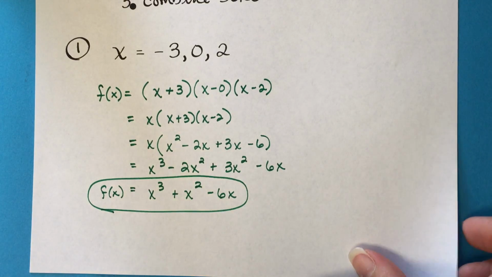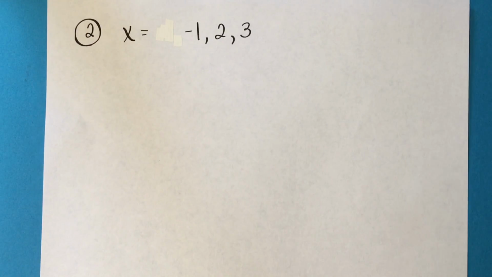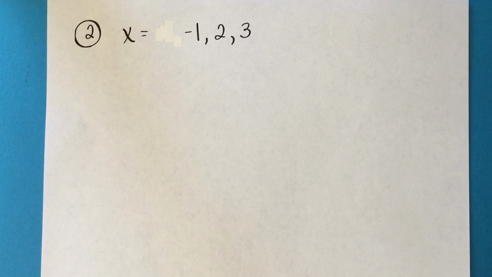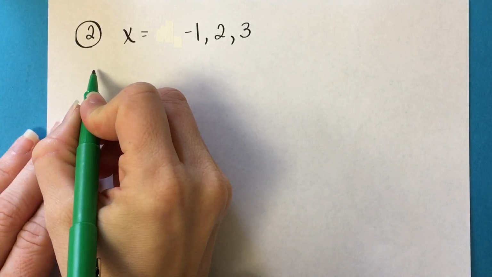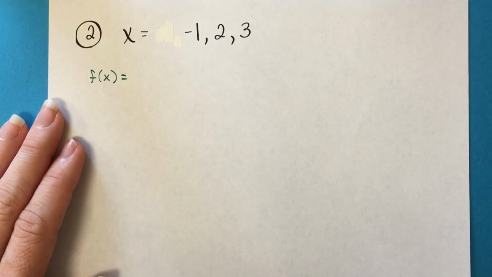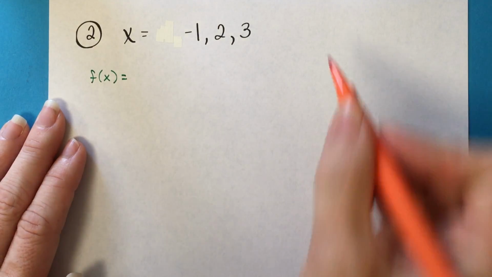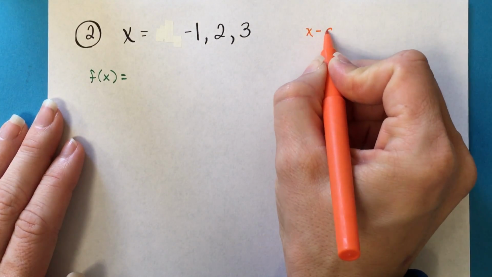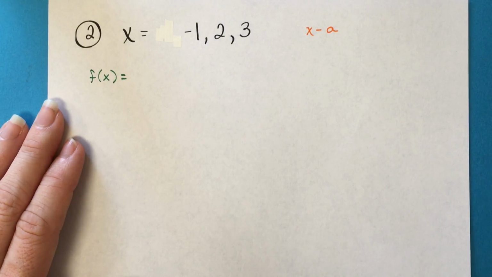Okay, let's look at another one. So again, I'm going to call it f of x. Now remember, when you write a factor, your format for a factor is x minus a.